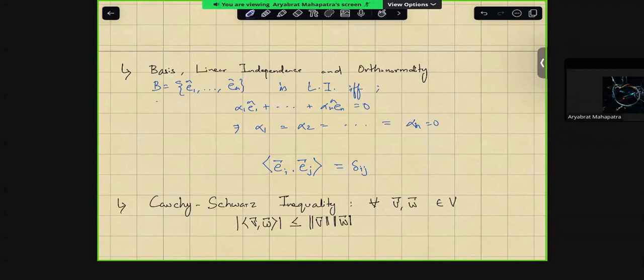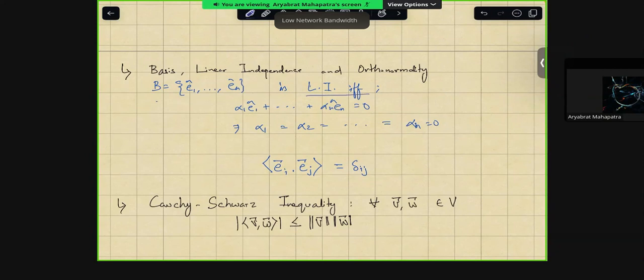And the important feature of this basis is that the vectors should be linearly independent.